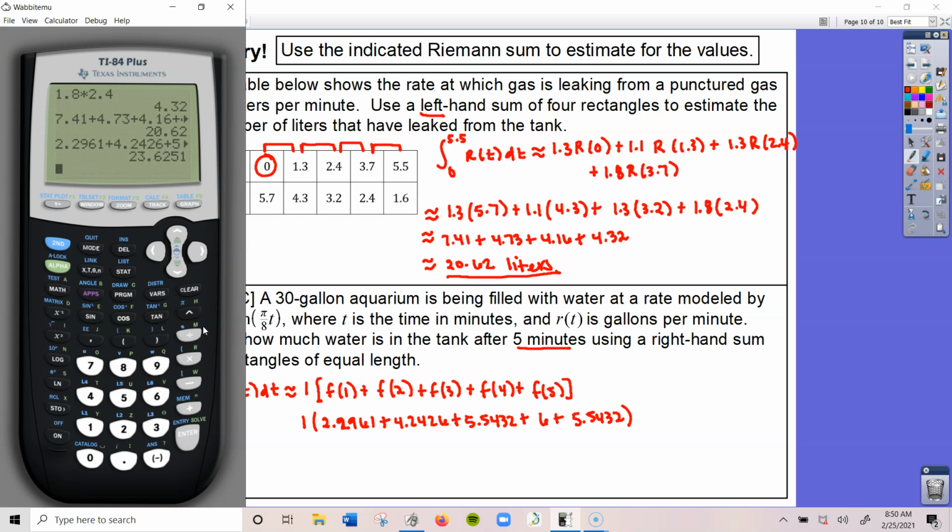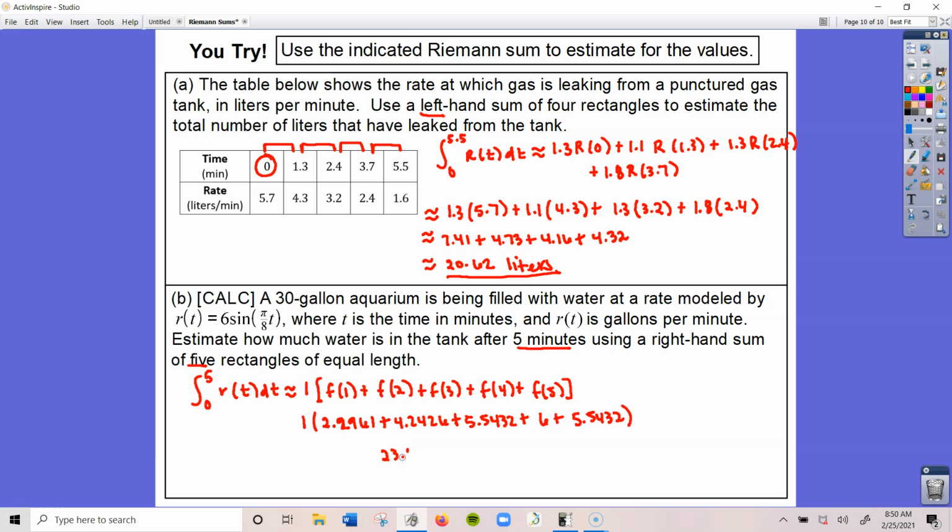And we end up with a final value of 23.6251. And remember, here we are estimating how much water is in the tank, and it's a 30-gallon tank. It's gallons per minute, so this should be gallons. And that's Riemann sums.